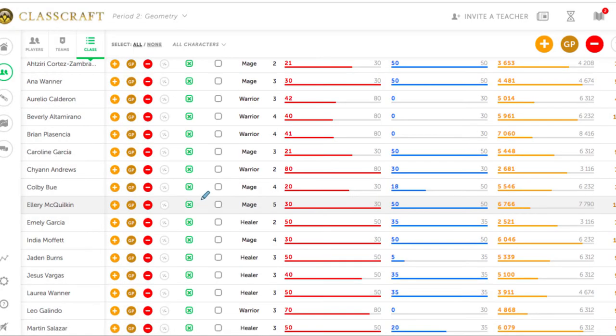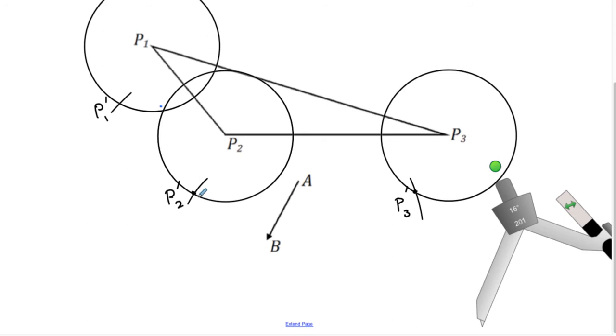Who still has their participation card? I think Atziri does. All right, Atziri, I'm singling you out because I don't think anyone else has their participation card yet. We started with a triangle, but right now we only have 3 points. So what do we have to do in order to end with a triangle as well?